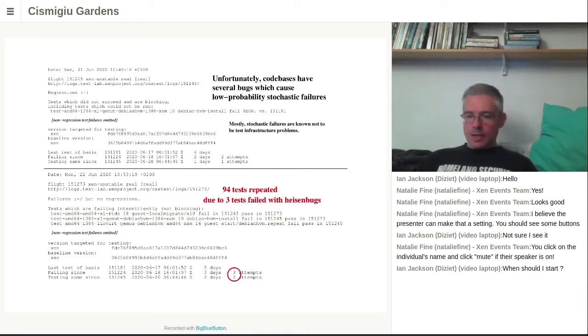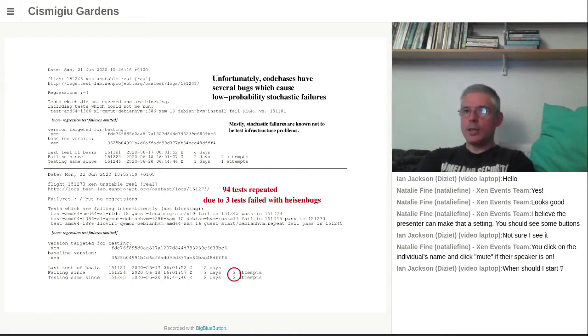The reason for this is that when I wrote the system a long time ago, the Heisenbugs were a bit less common, and the approach I took was just to detect when a Heisenbug was occurring and to call that a pass.